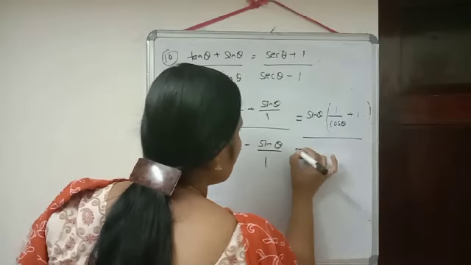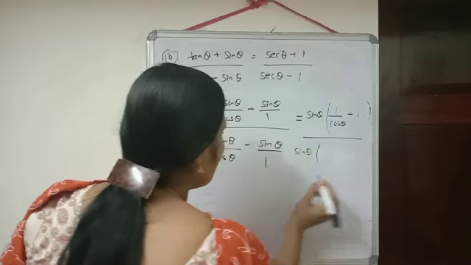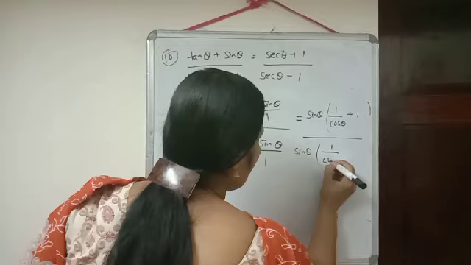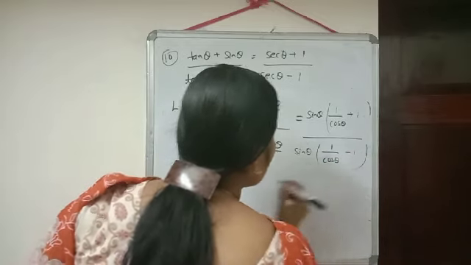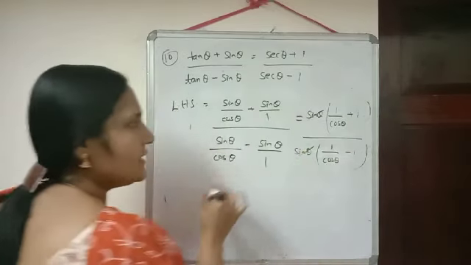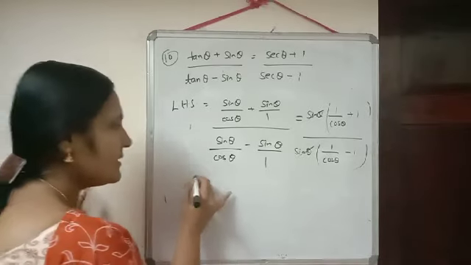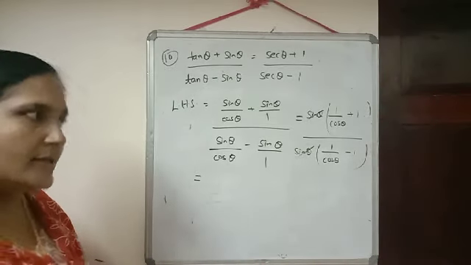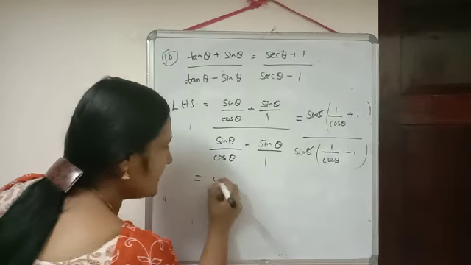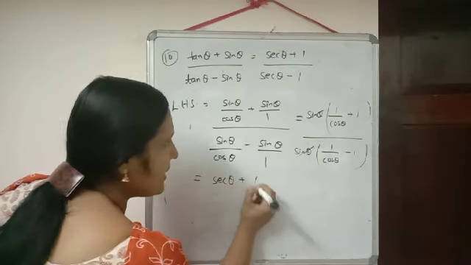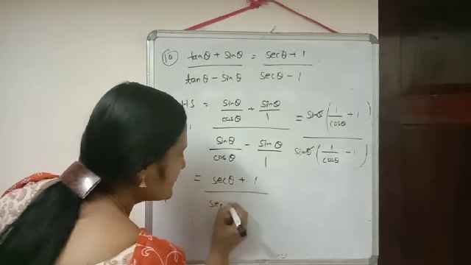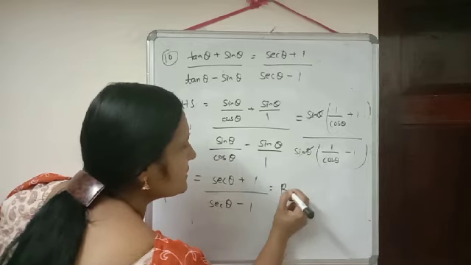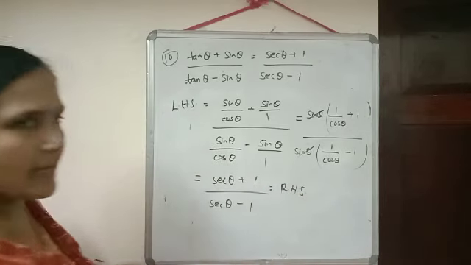Here in the denominator also sine theta taken common. Inside the bracket we get 1 by cos theta minus 1. So sine theta and sine theta cancelled. What is 1 by cos theta? Yes, 1 by cos theta is sec theta. So (sec theta plus 1) by (sec theta minus 1), which is equal to our right hand side.